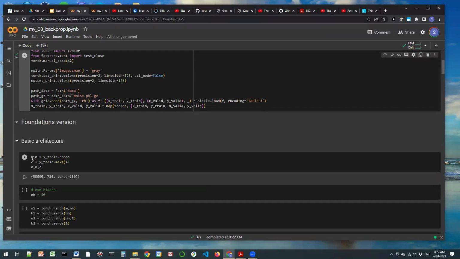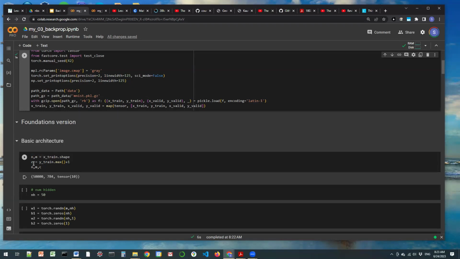Okay, so what we see here is just the shapes. X-train, as I told you, is 50,000 values, and the rows are flattened from a 28 by 28 image. 28 by 28 is 784. So when you do N, M from X-train dot shape, you get 50,000 and 784, N and M respectively.